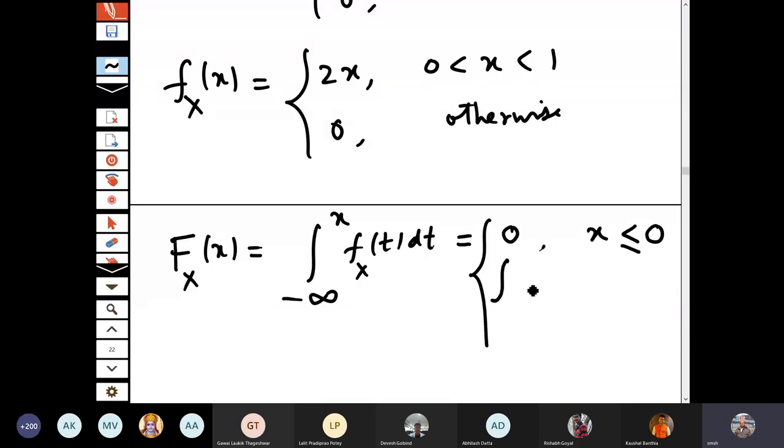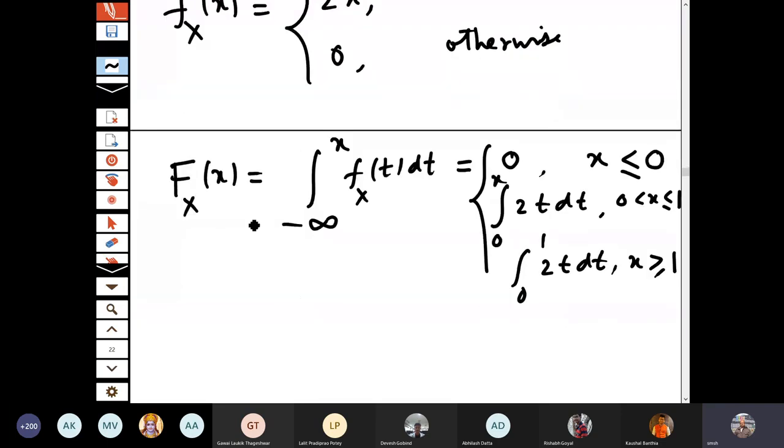And it is the integral of 2t dt between 0 to x for 0 less than x less than or equal to 1. And it is equal to the integral of 2t dt from 0 to 1 for x greater than or equal to 1.